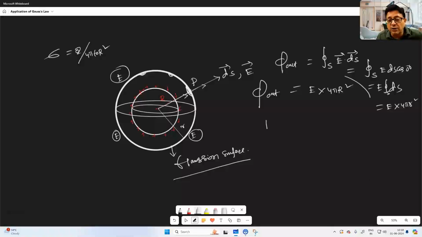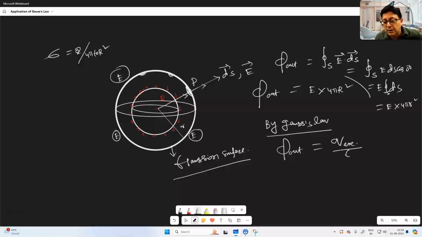By Gauss law, what will you get? Phi out by Gauss law formula is Q enclosed divided by epsilon 0, that is E into 4 pi r square by epsilon 0.